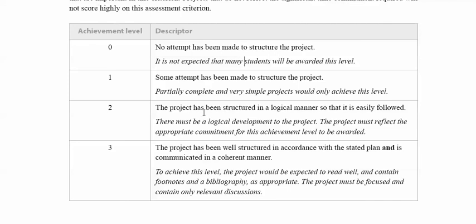There must be a logical development. So for example, you wouldn't want to do something like Pearson's first. You probably want to do that at the end. You want to do the simple things first, like calculating a mean or drawing a scatter diagram. Then you want to go on to Pearson's and chi-squared. You do the easy stuff first, the difficult stuff later.